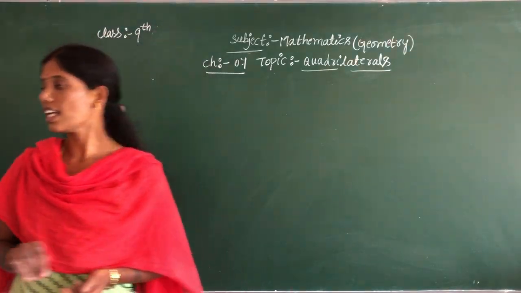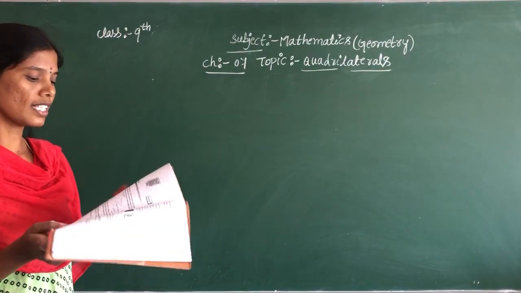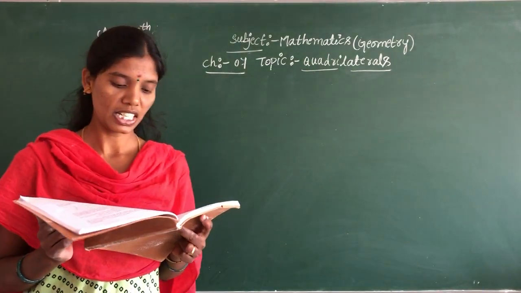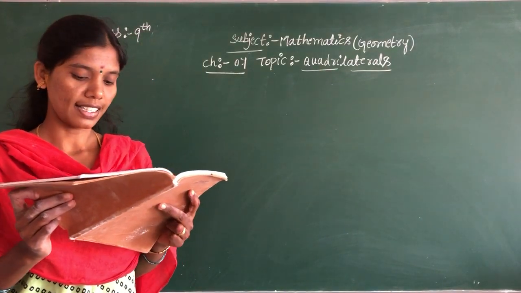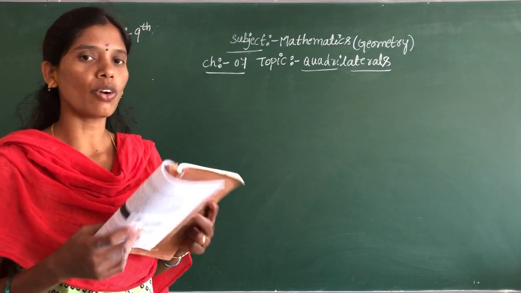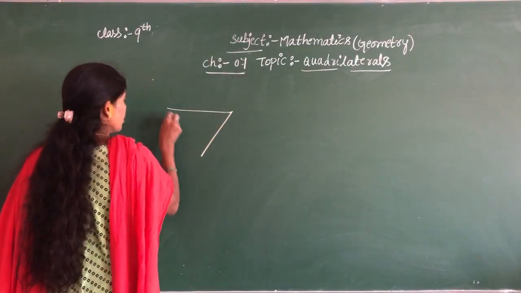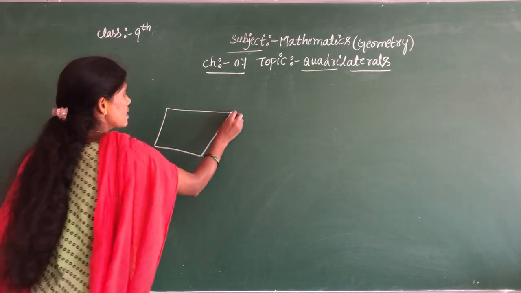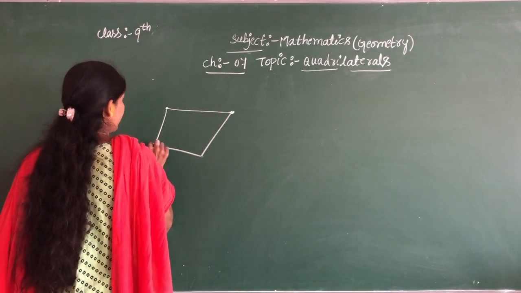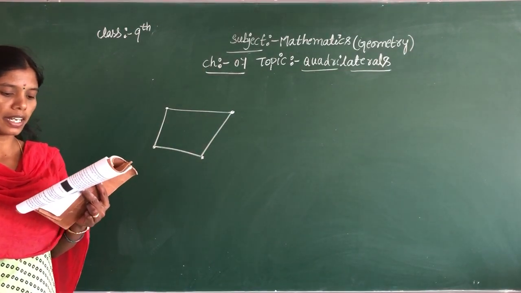In quadrilaterals, there is the convex quadrilateral and the concave quadrilateral. A convex quadrilateral means all the points are in the exterior.